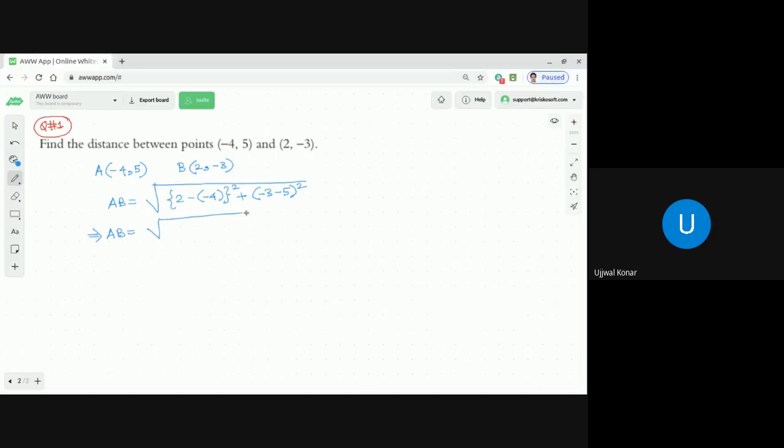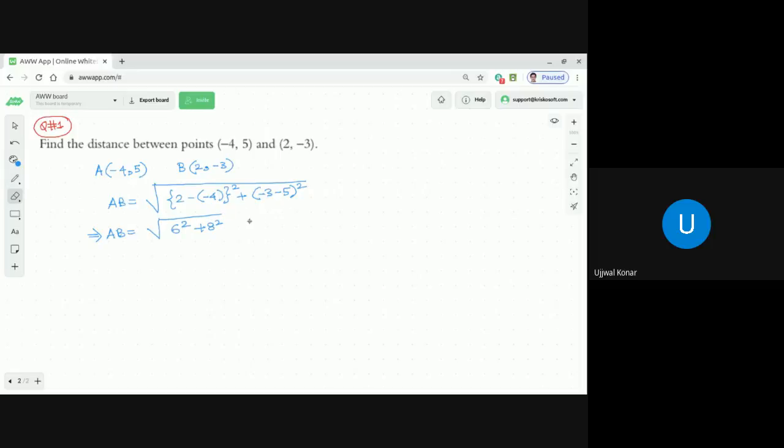This implies AB is equal to 2 minus -4, that is actually 2 plus 4, that is 6 square, and -3 minus 5, that is -8 whole square, is 8 square. So 6 square plus 8 square. Correct, not, dear students?